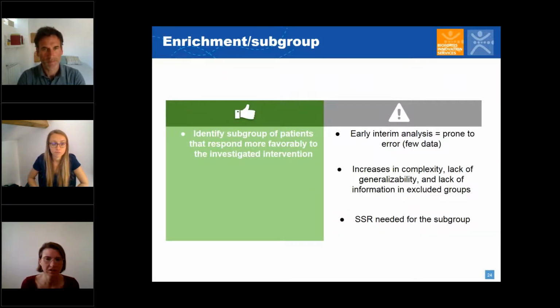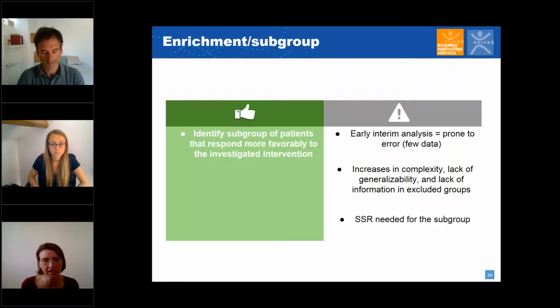The main interest of the enrichment subgroup design is to identify a subgroup of patients that responds more favorably to the investigated intervention. And obviously, this is a major challenge in the development of targeted therapies or treatments. If the subgroups are specified in advance, this type of adaptive design does not raise any particular problems.